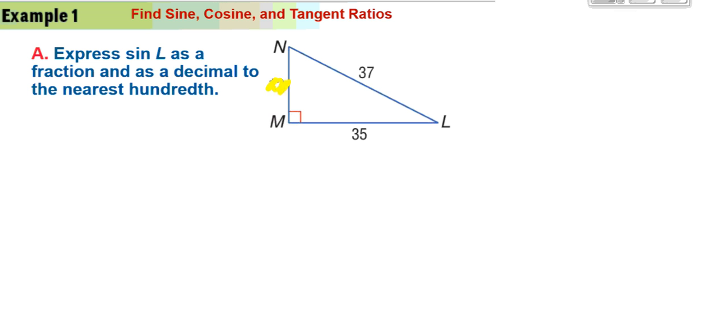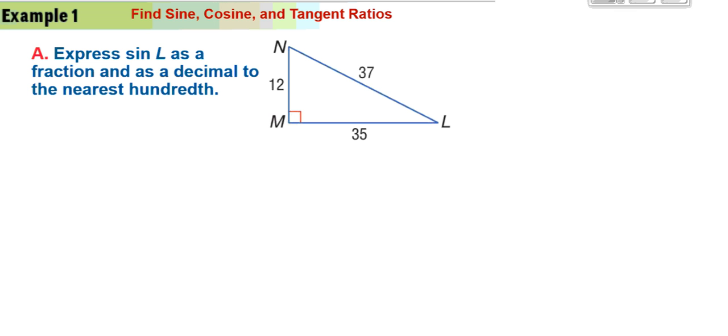And likewise, if I had to find this one, it would be the square root of 37 squared minus 35 squared, and hopefully that's 12 or close thereabouts. So our job is to express a bunch of trig functions as a fraction and as a decimal to the nearest hundredth. And so I will go through these and then we'll kind of get started on a worksheet.